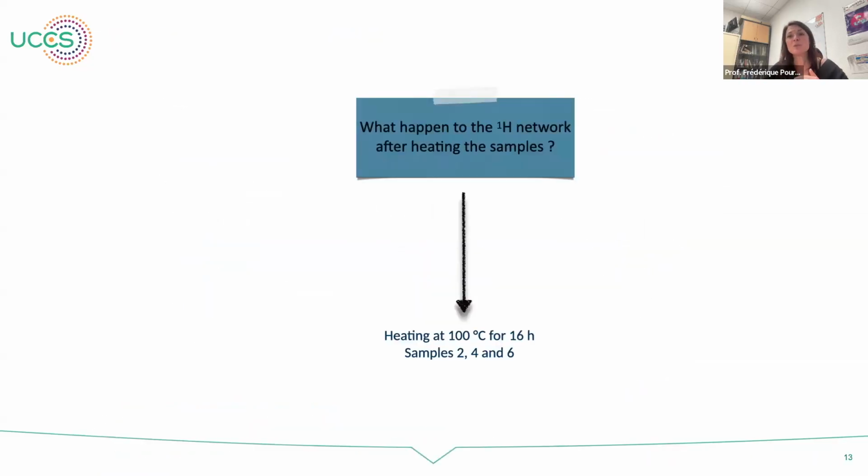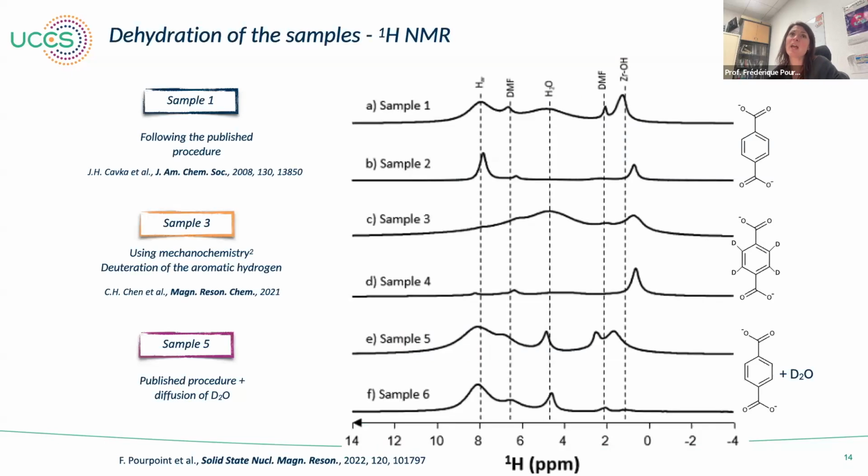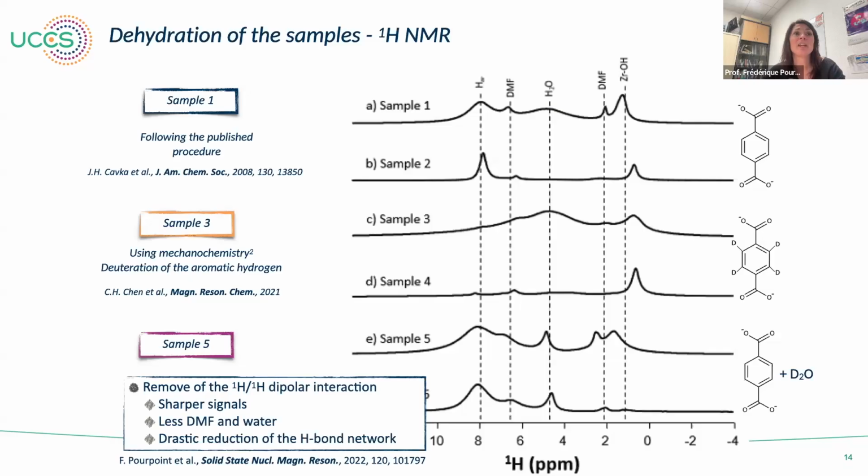In order to reduce the proton H-bond network again, we heated the sample at 100 degrees C for 16 hours, giving samples 2, 4, and 6. What is observable here is the reduction of the DMF signals in all the samples, and of the water signals.